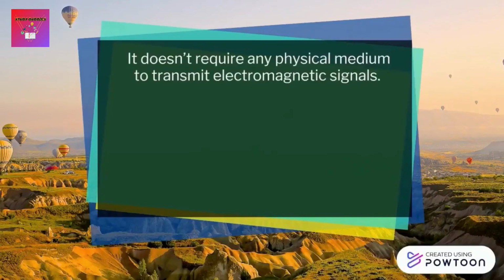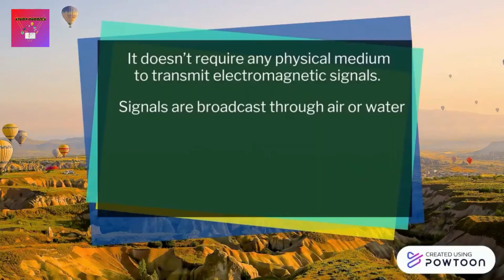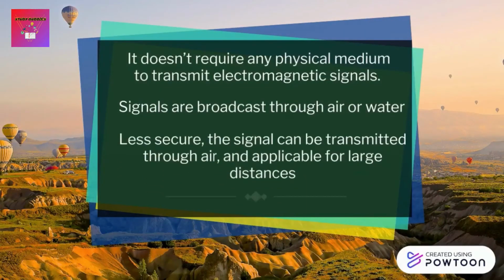Radio frequency spectrum is the part of the electromagnetic spectrum that carries most communication signals. Signals are broadcast through air or water and thus available to anyone who has a device capable of receiving them. The main features of this media are: less secure, the signals can be transmitted through air, and applicable for large distances.